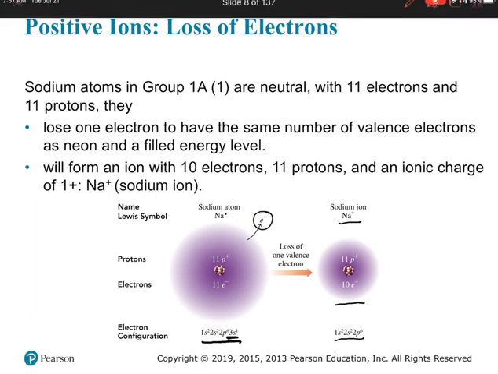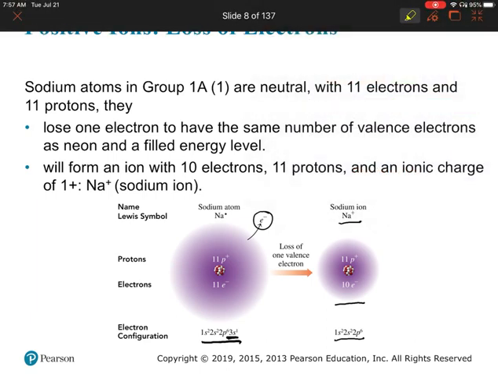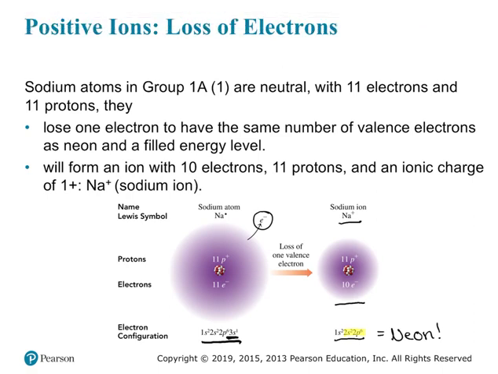Now also notice that the highest energy electrons are in energy level 2, and there's 8 of them. So we've got 2 plus 6, that's 8 valence electrons. So now sodium is happy. Sodium has 8 valence electrons, and its electron configuration is the same as that of neon. So it's like a noble gas.